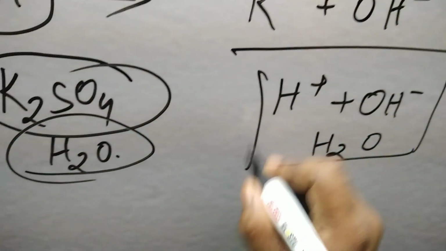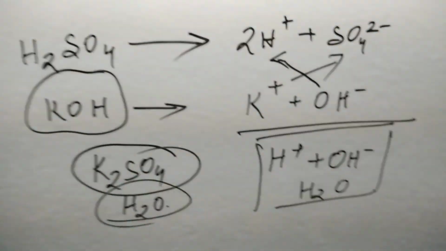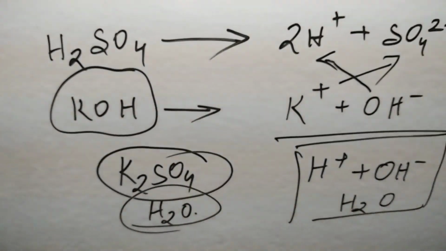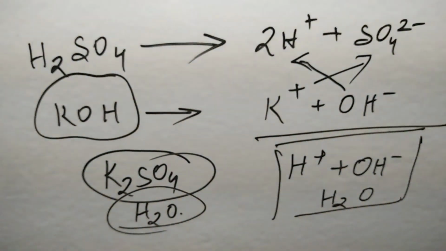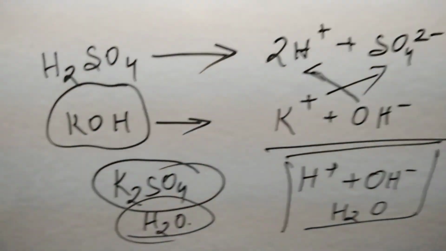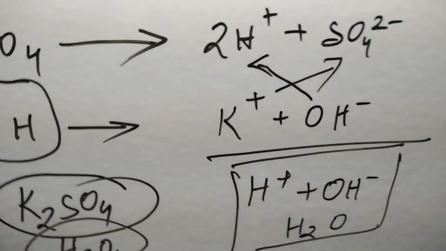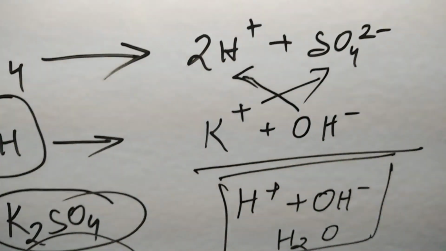See, it is also an example of a double decomposition reaction. A neutralization reaction is also termed ionic decomposition. What type of decomposition is this? Ionic decomposition. See, displacement of ions means that decomposition of ions is carried out in this reaction.